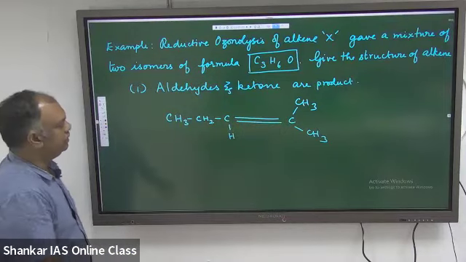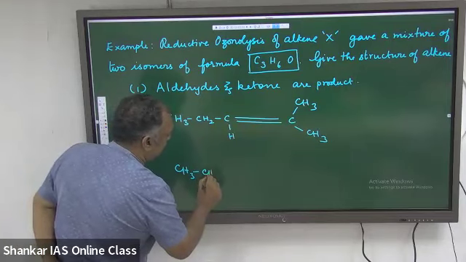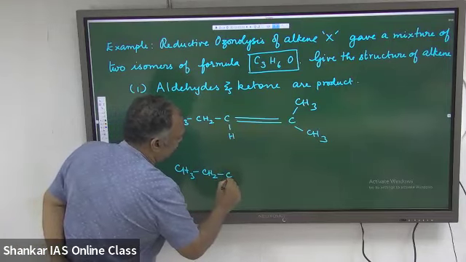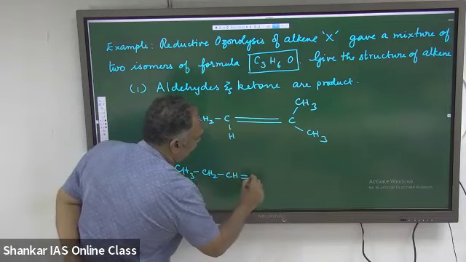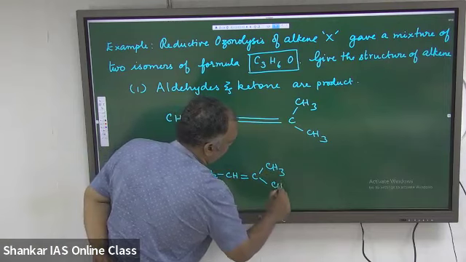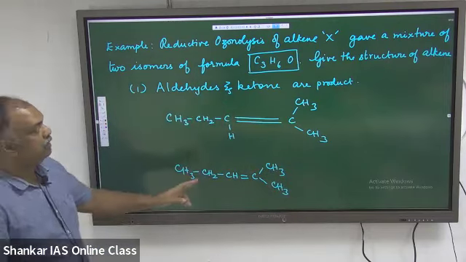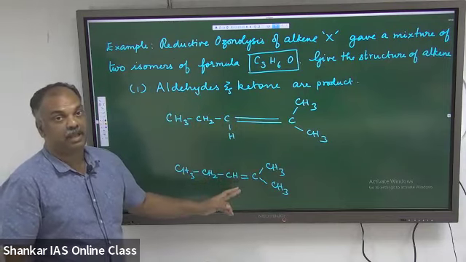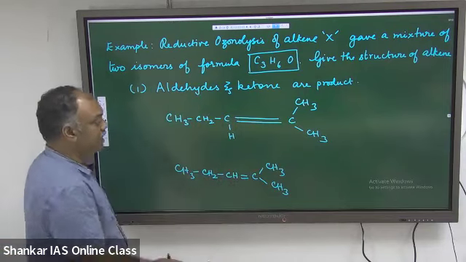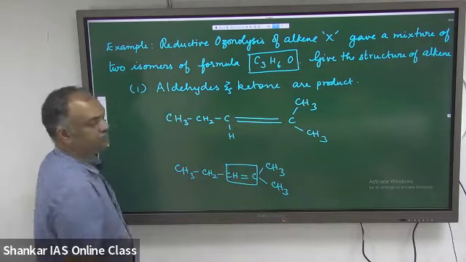That's it. So this is the product: CH3CH2CH=C(CH3)CH3. So through ozonolysis, I am able to locate the position of the double bond. The position of the double bond is this.